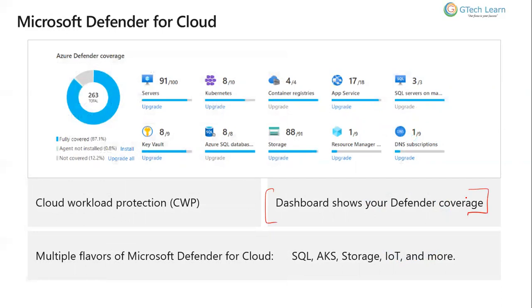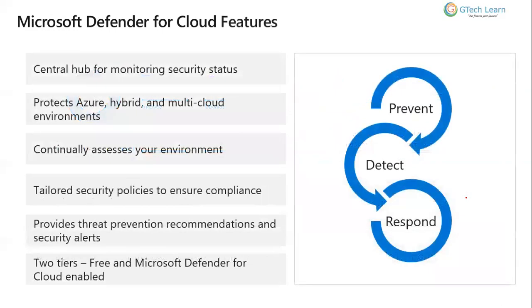Talking about the features of Defender for Cloud, it is a central hub for monitoring and security status. It protects our Azure, hybrid, and multi-cloud environments as well. What that means is, if our workloads are in Microsoft Azure, we have the security option in Microsoft Defender.